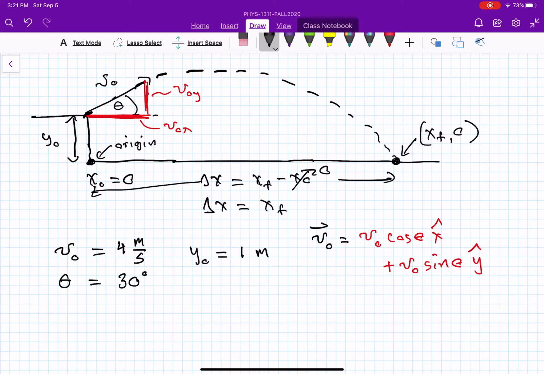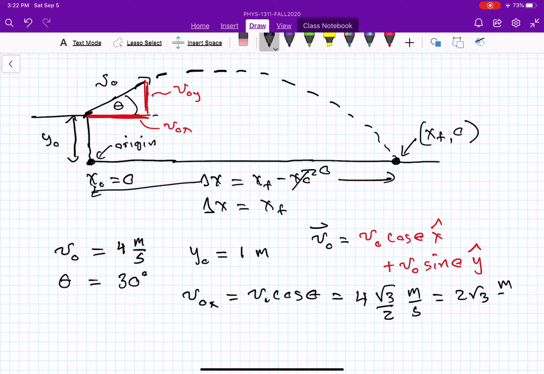And I know v0 is 4 meters per second, and theta is 30 degrees, so I can calculate what these numbers are. Actually, let me just write it as the two different components. v0x is going to be v0 cos theta, so that's 4 times cosine of 30, which is root 3 over 2, meters per second, so this is 2 root 3 meters per second.